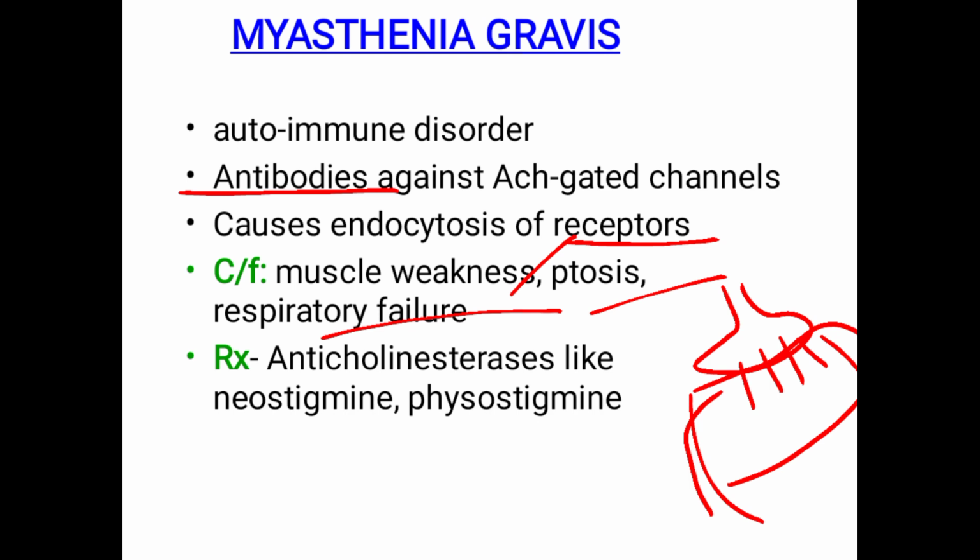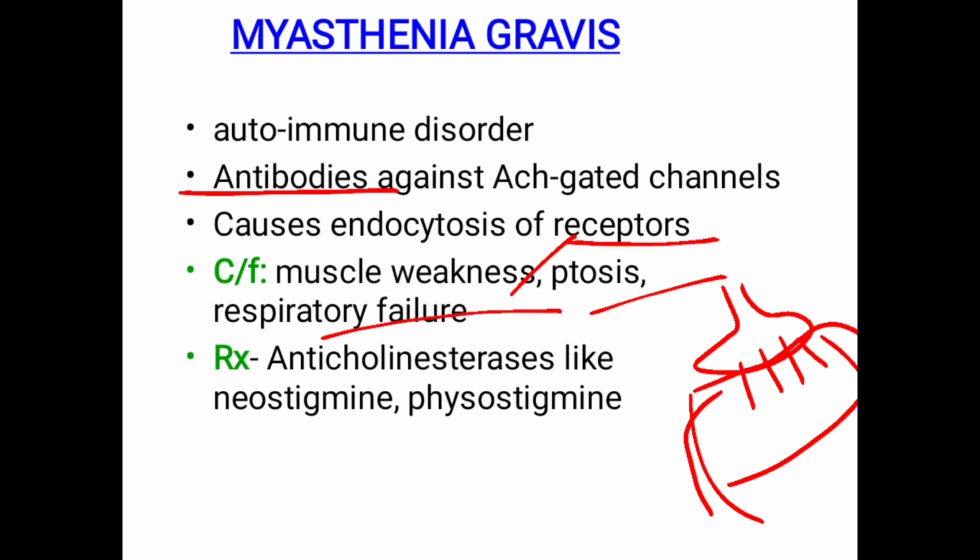Whenever the action potential reaches the axon terminal, calcium channels open and calcium influx takes place, causing the opening of synaptic vesicles and release of the neurotransmitter into the synaptic cleft.